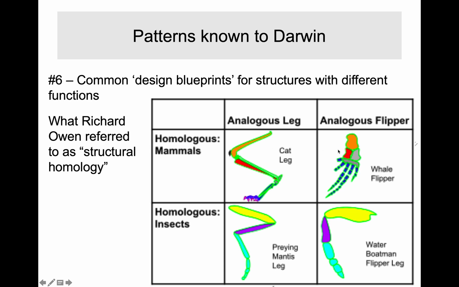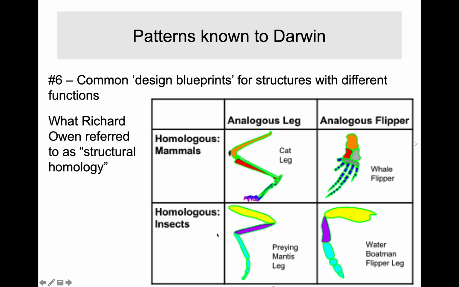You can actually see the similar bones. So the orange bones here are homologous between a whale and a cat, all the way down to the finger bones, essentially, that in a whale fill in the flipper, and in the cat form some of the toes that lead to the claws.